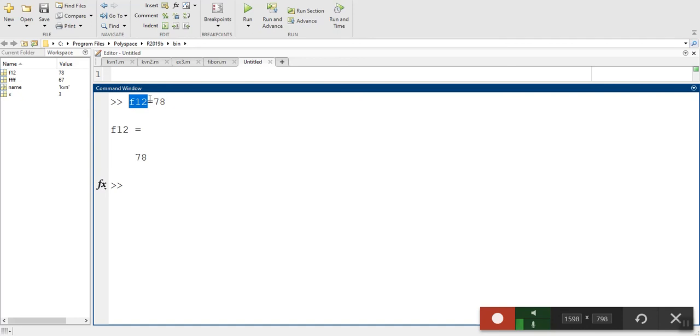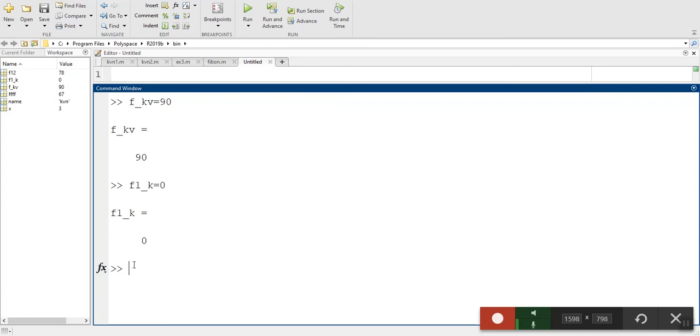Now, one more very important point: F_KV equals 90. Underscore is also acceptable after one alphabet or one character. We can write f1_k equals 0. Underscore is acceptable, but we start with some alphabet.